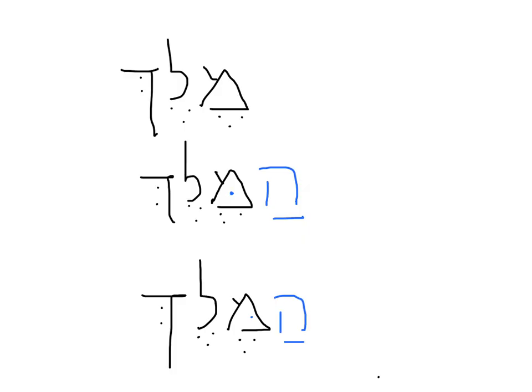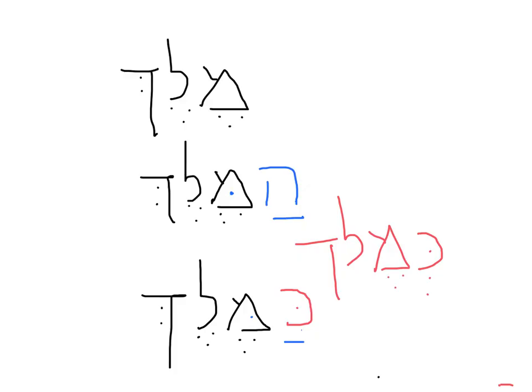But now we're going to have to take the hey away because we're going to add the preposition ka, like the king. Now you can see the difference, because if it was like a king, well, that would be simple enough to see in contrast.